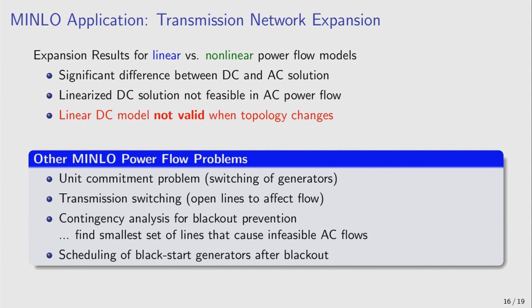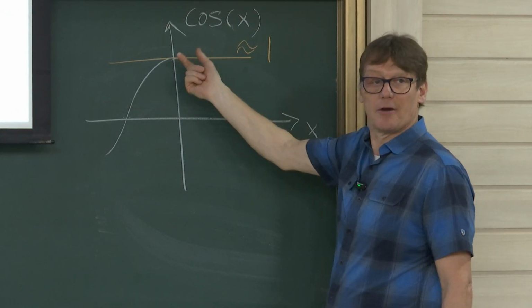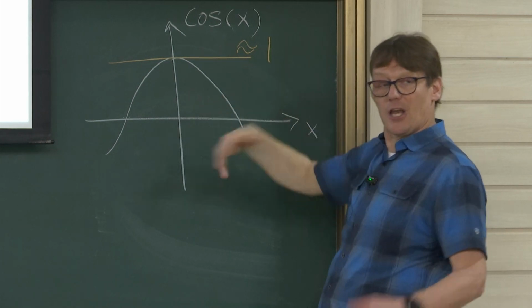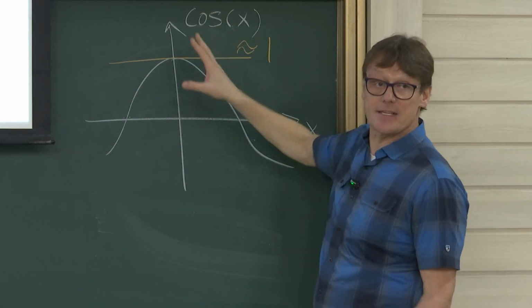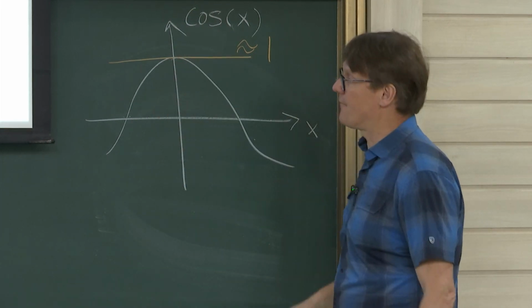And it turns out that in some cases, this linearized DC model, this simple model, is not feasible in the AC power flow, or we couldn't find feasible points by solving the power flow equations. And we suspect that the reason is that this DC model is really an approximation on phase angles that only works in a small neighborhood. But if you change the topology of your network, then likely these phase angles change dramatically because you're routing in different ways.